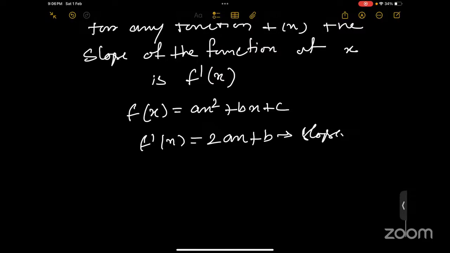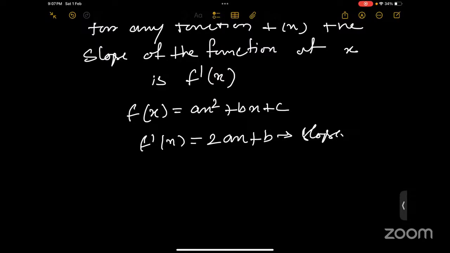Yes, the slope of the quadratic function is nothing but the derivative of the function at that point. Actually, for any function, not only quadratic, the slope is the derivative of the function at that point. Okay.